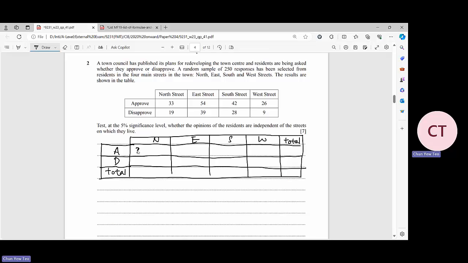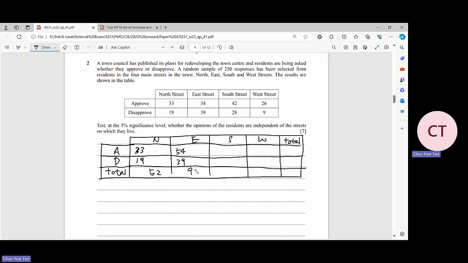This one 33, 19. I need to sum it up. I get 52. I write it beside, because next to it I need to write down the expected frequency. So this one is just the observed frequency.